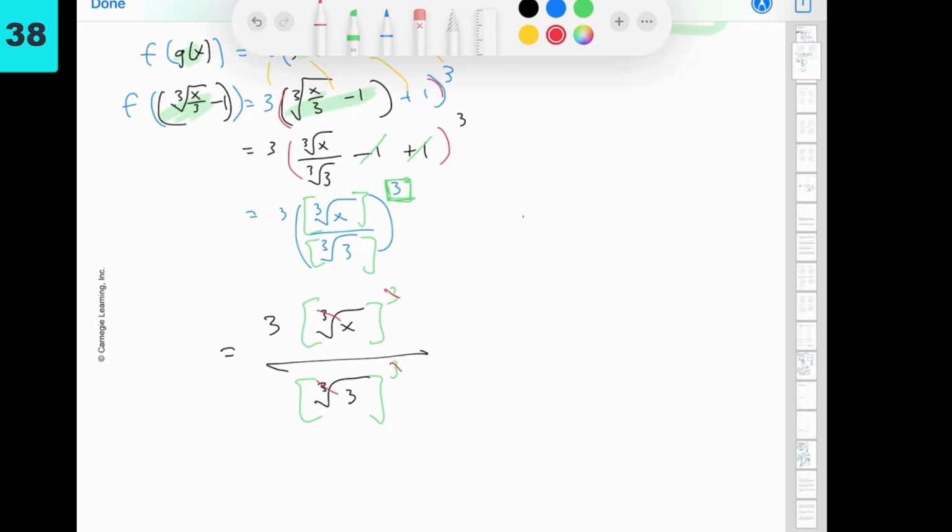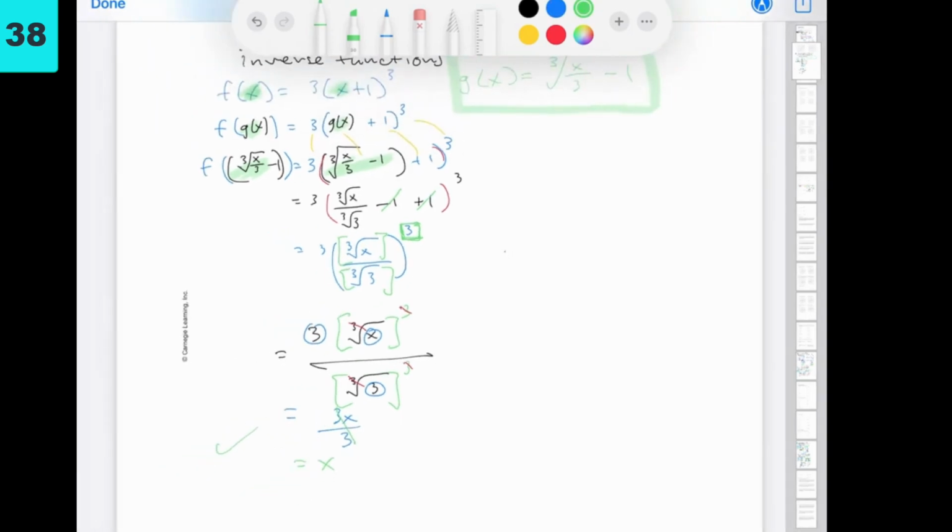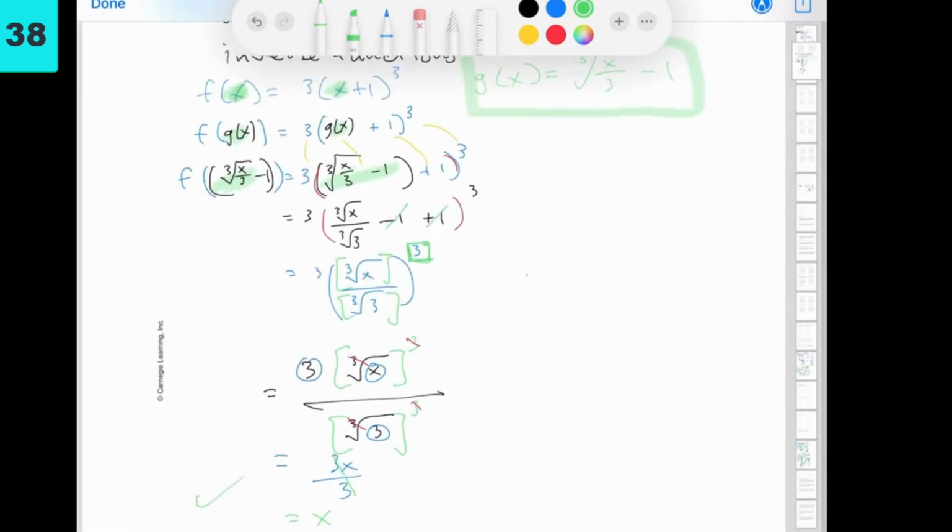So the only thing you're left with is just, let's do that in blue, different color, 3x all over 3. And that is equal to x. So that is a good thing. Okay? Let's try it the other way around.